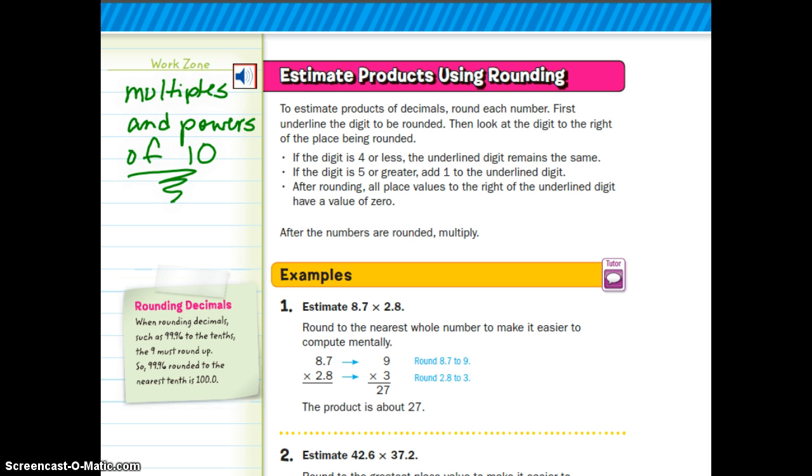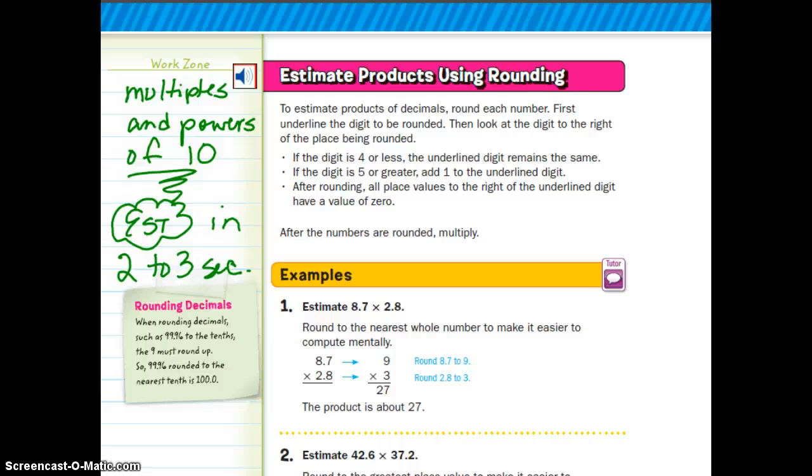Because again, the whole point is that you can estimate in 2 to 3 seconds. You're not actually calculating the answer. You're doing a mental estimation so that when you calculate your answer makes sense.